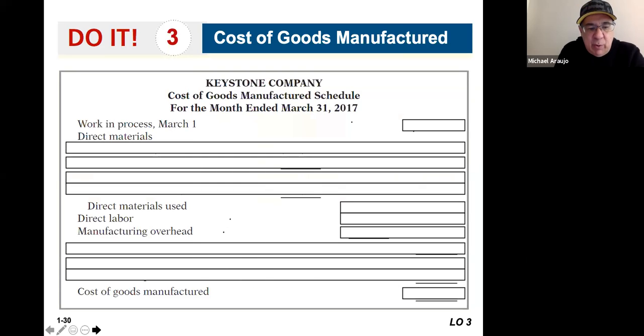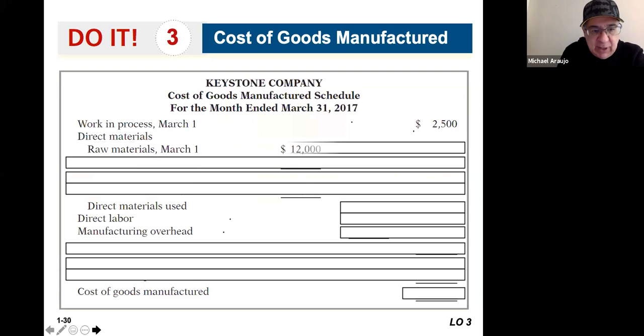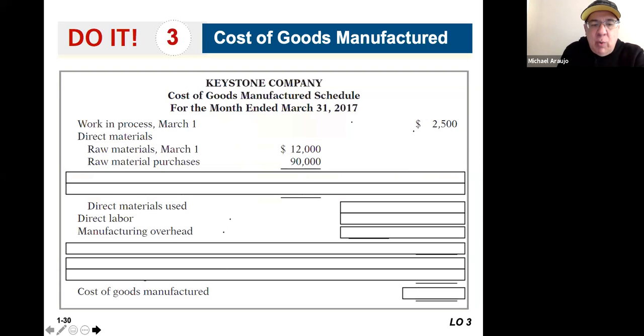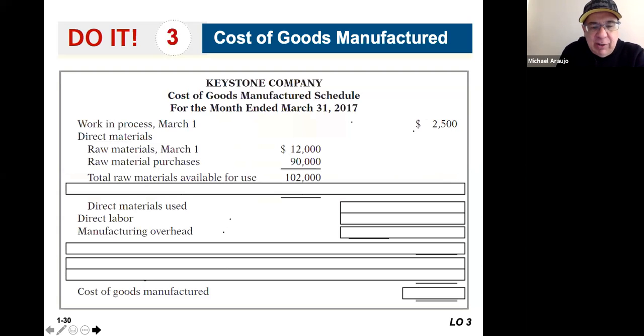So then what we're doing is we're taking that and we're adding in those direct material costs. Well, what information do we have that's specific to direct materials? Well, we have raw materials as of March the 1st of $12,000 that are listed. We have $90,000 of raw materials that we purchased that month. So we have a total amount of raw materials of $102,000.